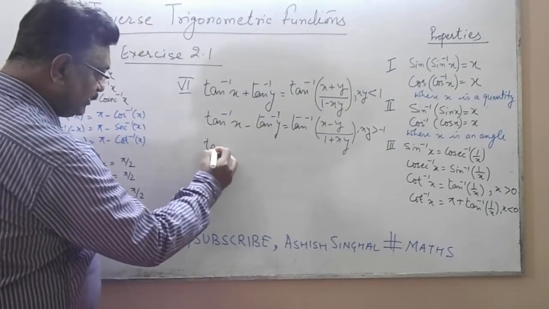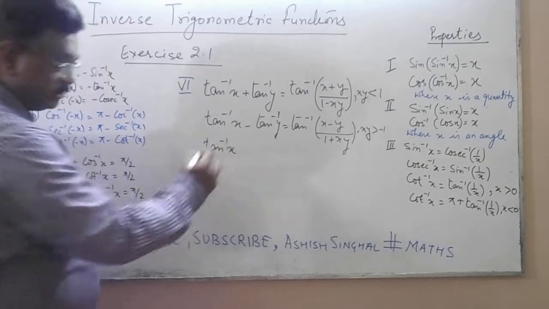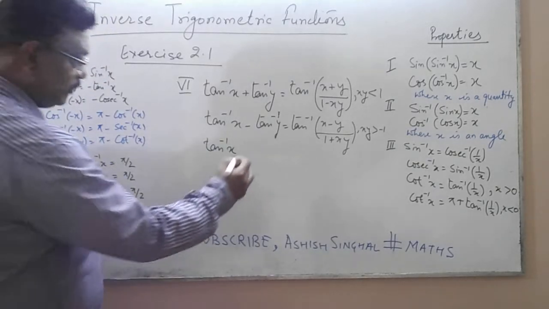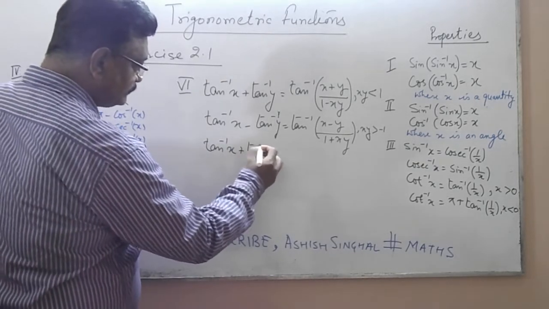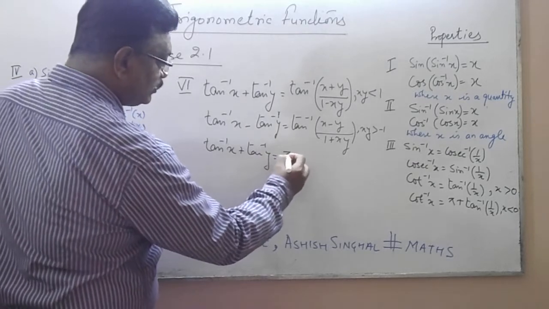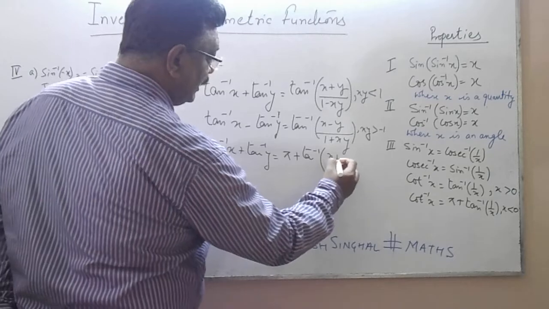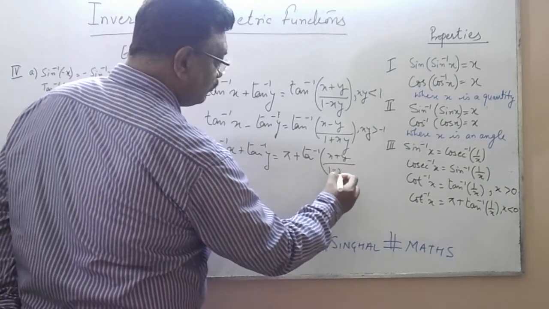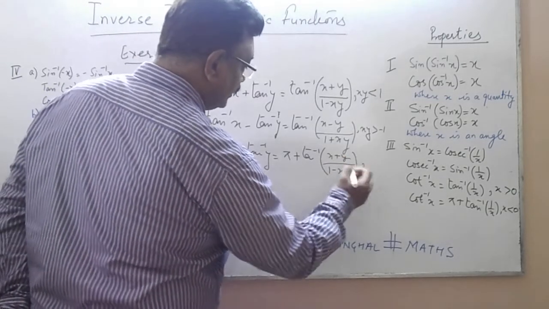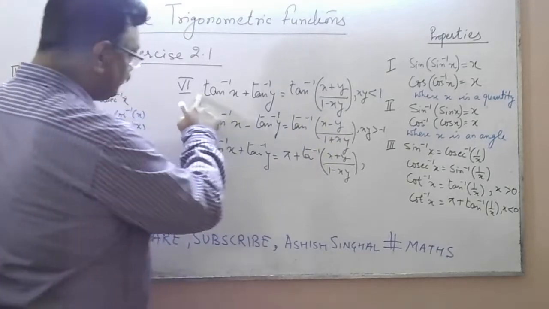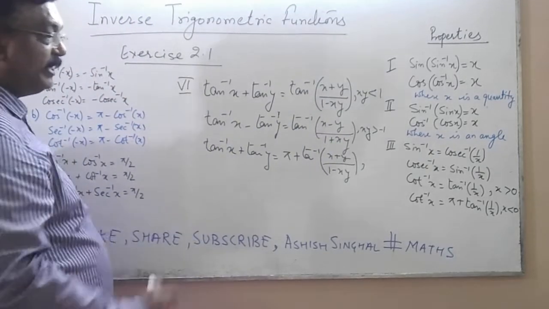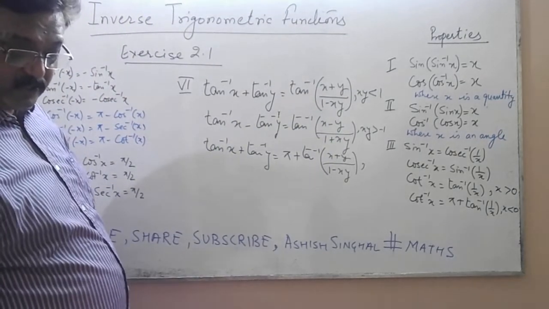Then there is another identity, tan inverse x plus tan inverse y will be equal to pi plus tan inverse of x plus y upon 1 minus xy. The difference between the first and the third one is the change in the condition.